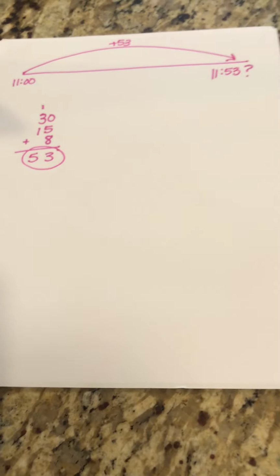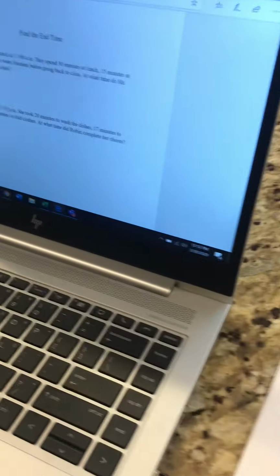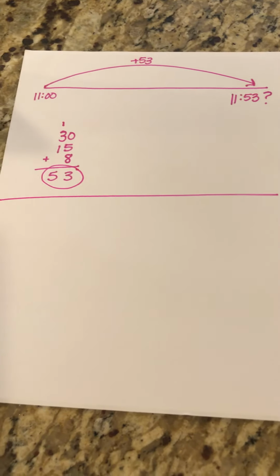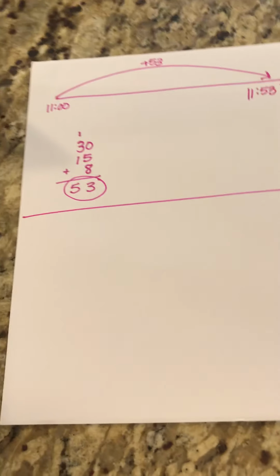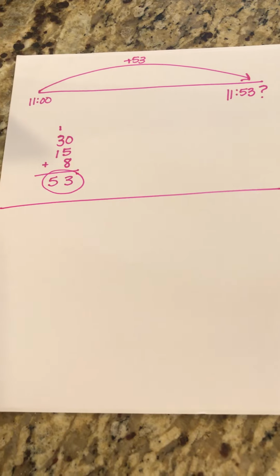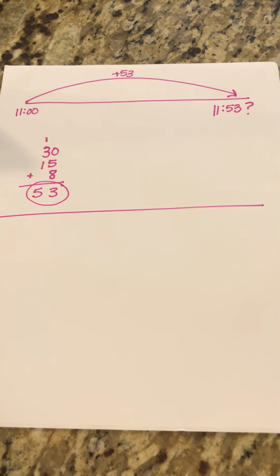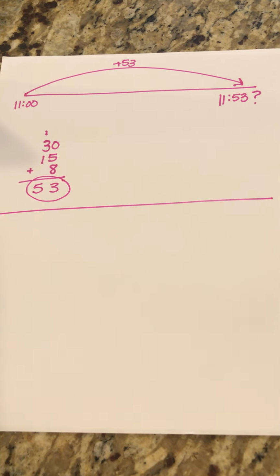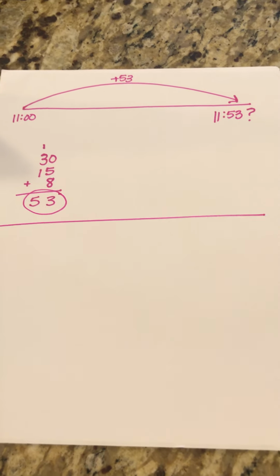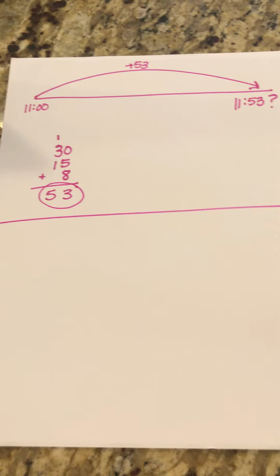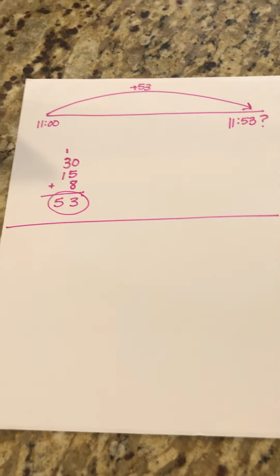Okay, so we're going to go on to question number 2. I'm going to draw a line. Robin began her chores at 5:18 p.m. So that's that weird time that I was just mentioning. She took 20 minutes to wash dishes, 17 minutes to sweep the floor, and 39 minutes to fold clothes. At what time did Robin complete her chores?